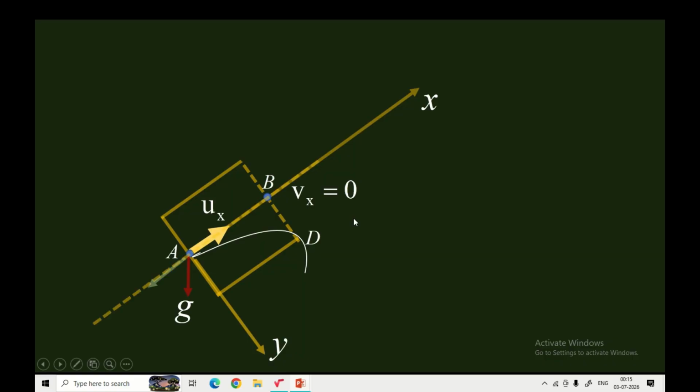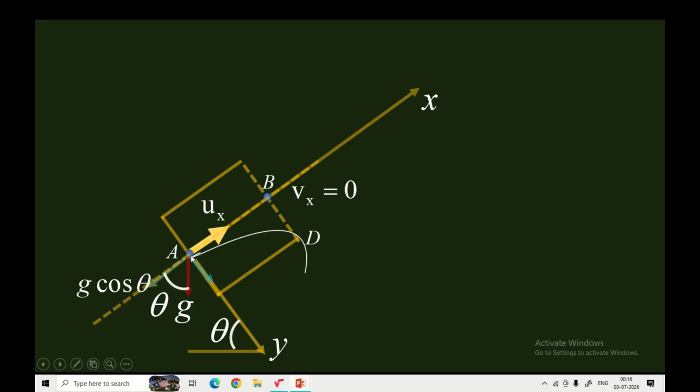If we take its component along x and y directions, this angle is theta, so this angle will also be theta. The component of gravity will be g cos theta along minus x-axis, and it will have a component g sin theta along y-axis.